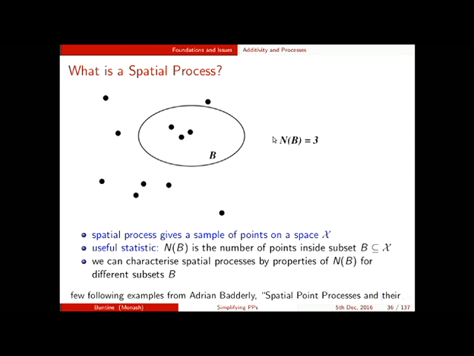So we've got a statistic that we're going to use at times. This oval is the set B. And how many points for our process are inside that oval? N(B). So N is a counting process, but it's just going to tell us how many things are inside the given set.